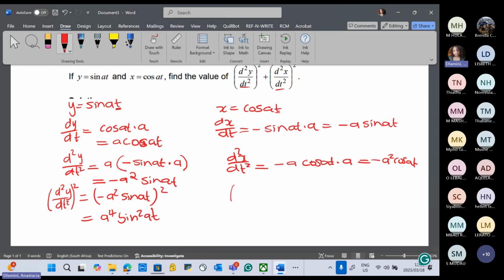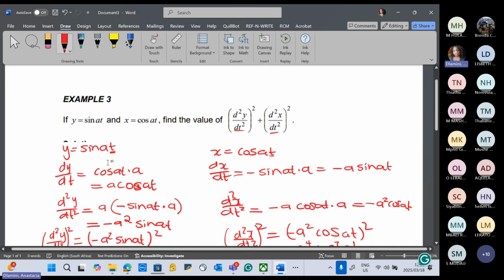And then square this one, d squared x over dt squared: negative a squared at, squared. So a to the power of 4 cos squared at.